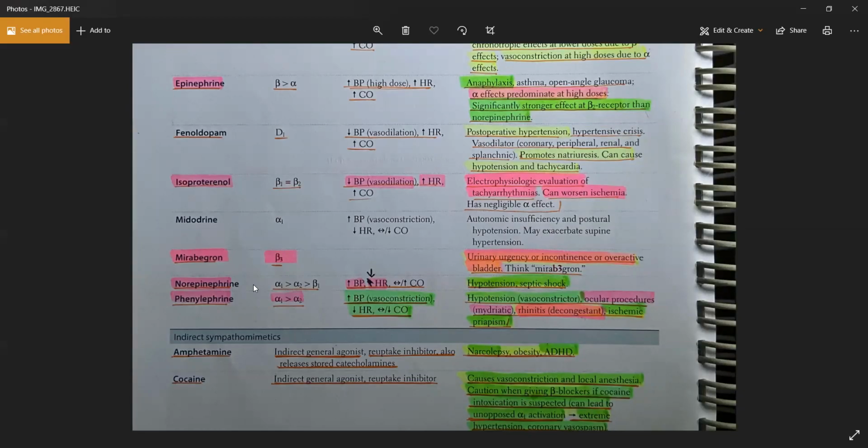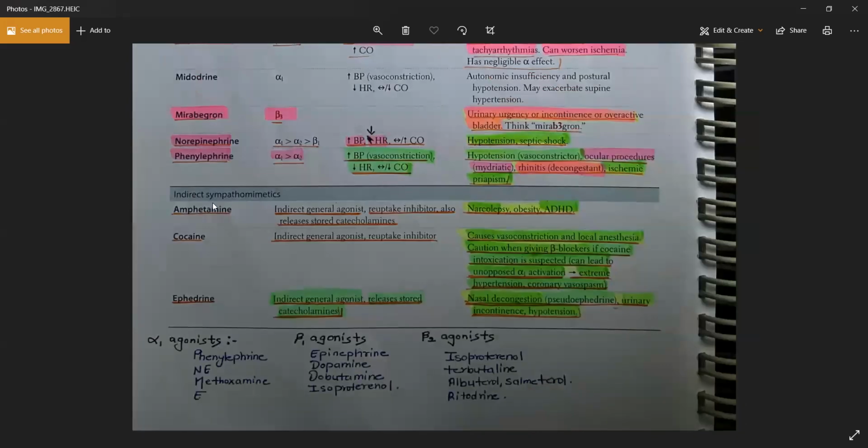And in this case, because the alpha effect is more, the vasoconstriction will overtake the beta effect on the heart rate, right? So you will get more reflex bradycardia than the tachycardia. Okay? That's why the loss of heart rate. It is all relative. Okay, thank you.